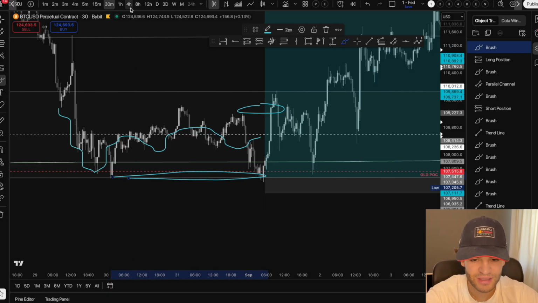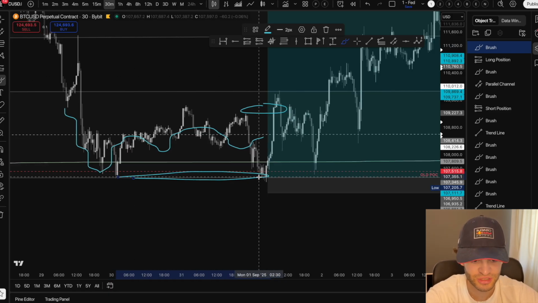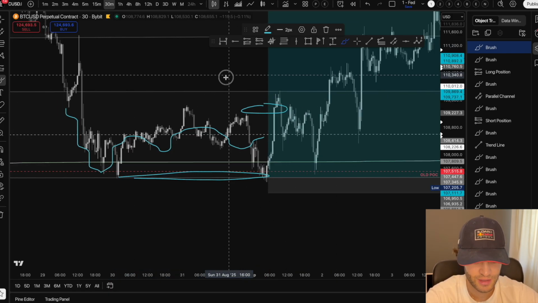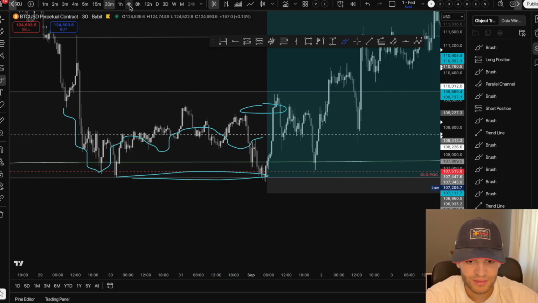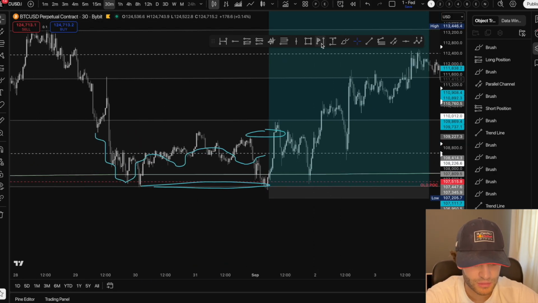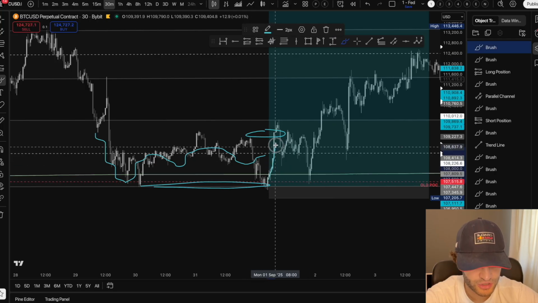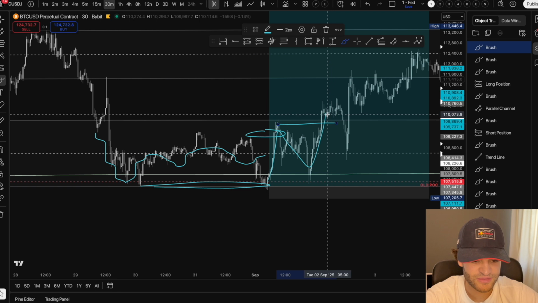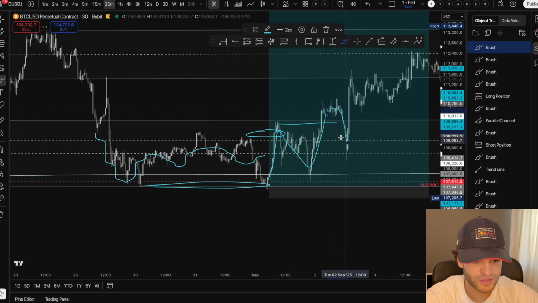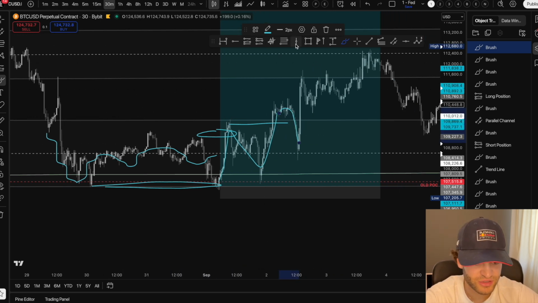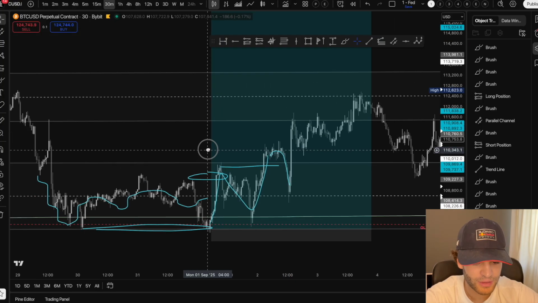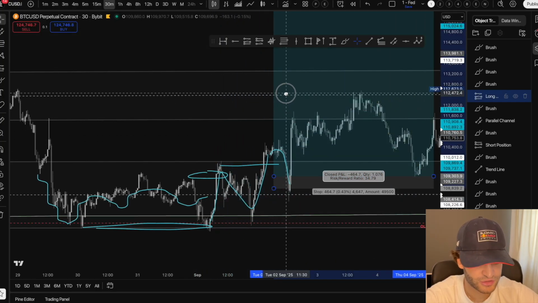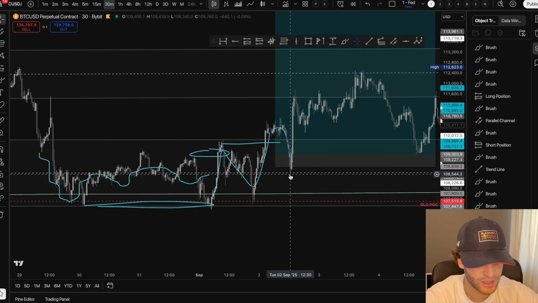Think about it. Even if we were to wait for a market structure shift on the 30 minutes, we would have had an entry, look at this, our market structure shift would have been here. And as I've explained before, you wait for a little bit of a retracement. Let's say you don't ace the retracement perfectly, but you're able to get your entry after the market structure shift at 109.3.